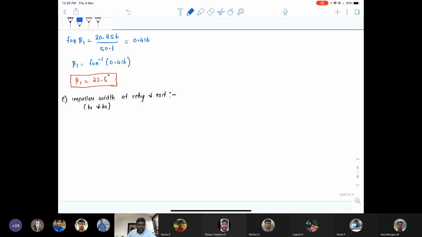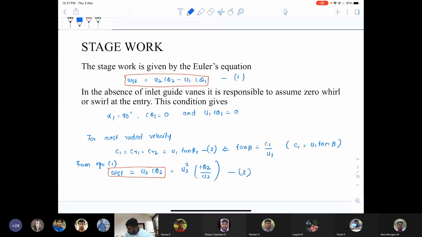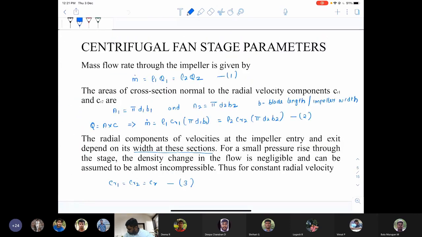Generally we know that the discharge is equal to area into velocity. This equation we have derived in the last class. Area is equal to the area of cross section normal to the radial velocity component CR1 and CR2.